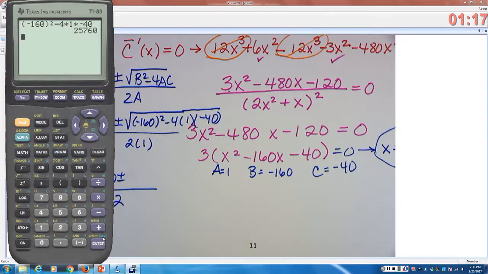That looks a little strange. Let me make sure it didn't make any difference if I didn't put parentheses in there. Nope, that's right.